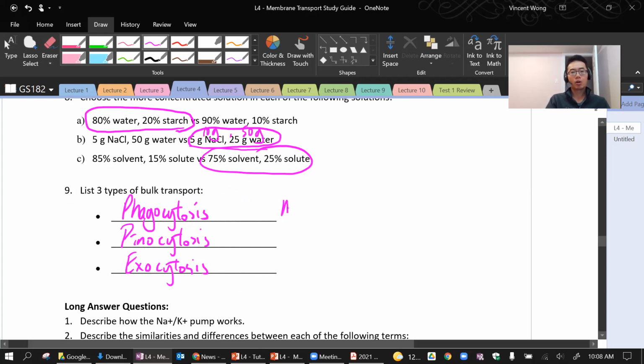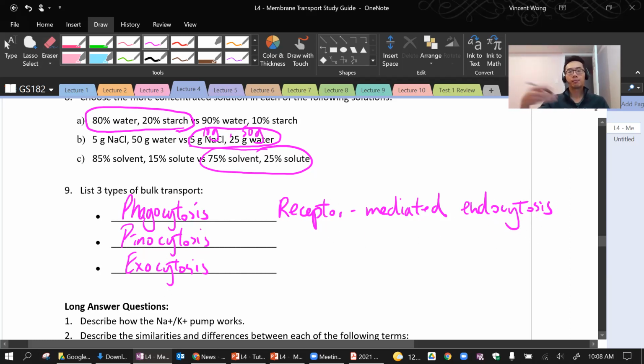And then there is another one called receptor-mediated endocytosis. These are different types of bulk transport. Phagocytosis is cell eating, like eating a bacterium. Pinocytosis is cell drinking, like bringing a large amount of extracellular fluid into the cell. Receptor-mediated endocytosis is triggered by binding to a surface protein. And exocytosis is releasing material into the surroundings.